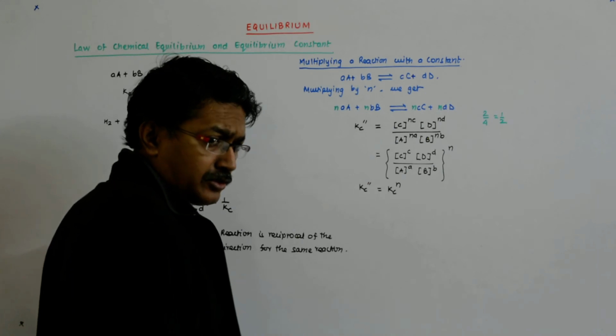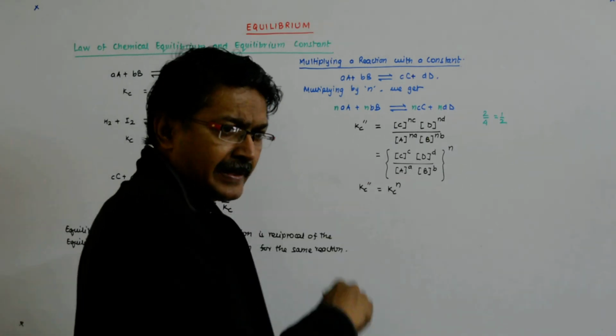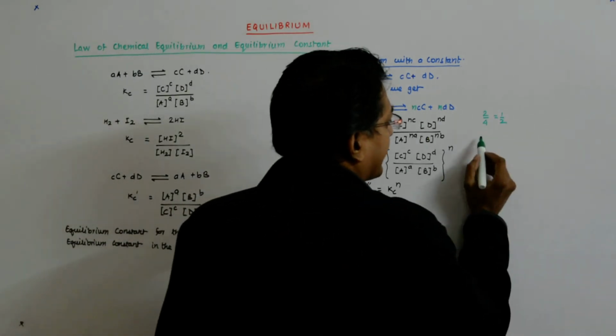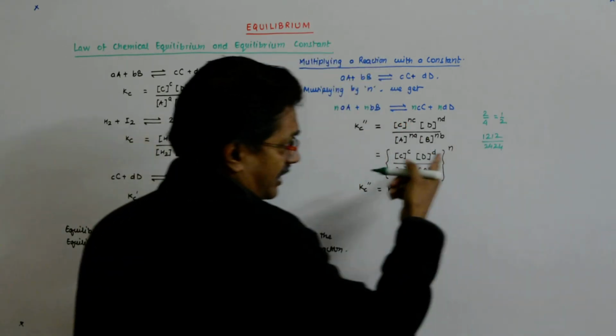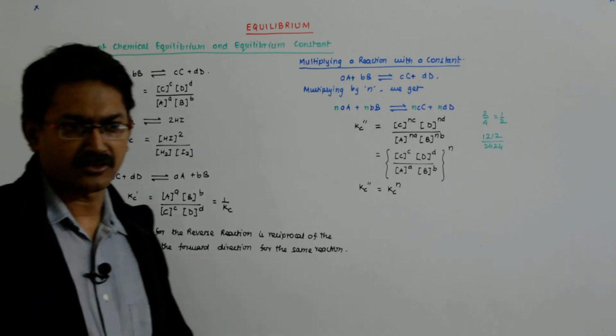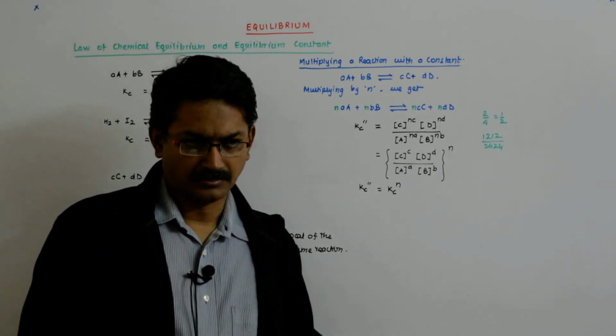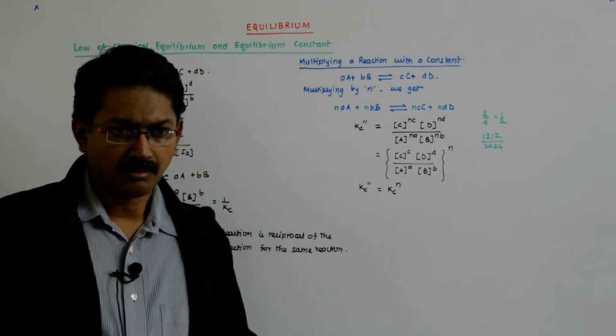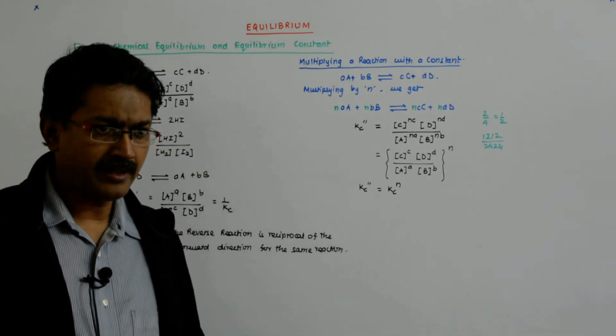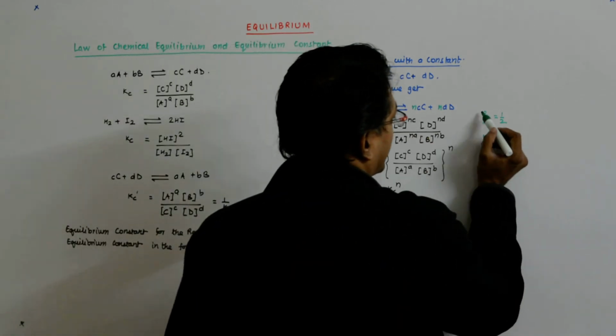You have to cut the common terms. Why? Because otherwise it can become very misleading. Someone writes 12 upon 24, and it will take you some time before you realize that it is actually 1 by 2. Is it not? So that's why this convention has been put in.